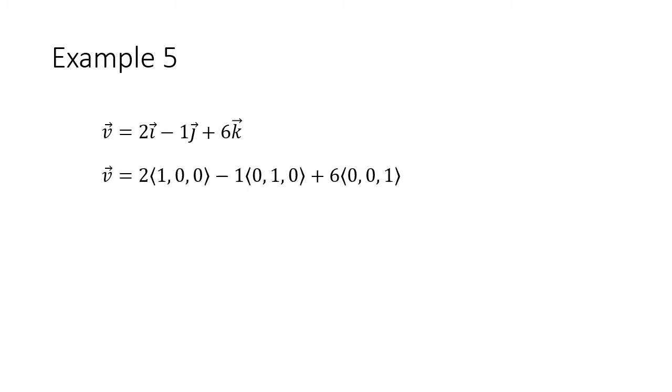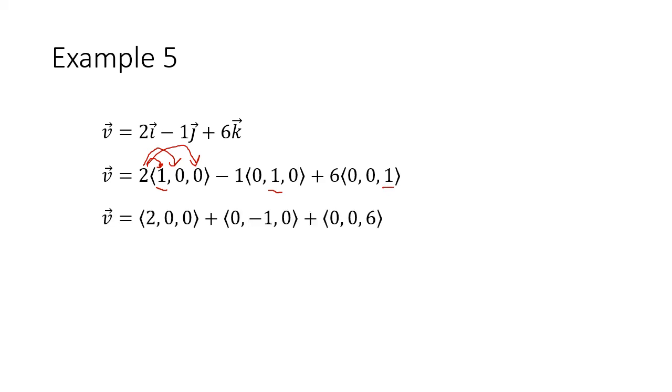If I replace my i with the i vector, the i vector has a 1 in the x component and then zeros everywhere else. And again, we know how to do the scalar multiplication. We just distribute. And we do the same thing with the other vectors. j hat has a 1 in the y component, and k hat has a 1 in the z component. Again, distribute. Now we get 3 vectors.